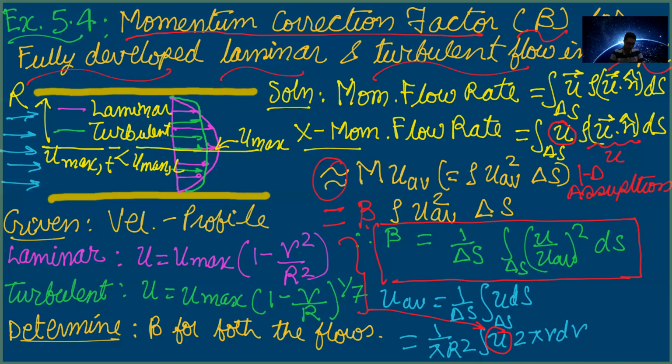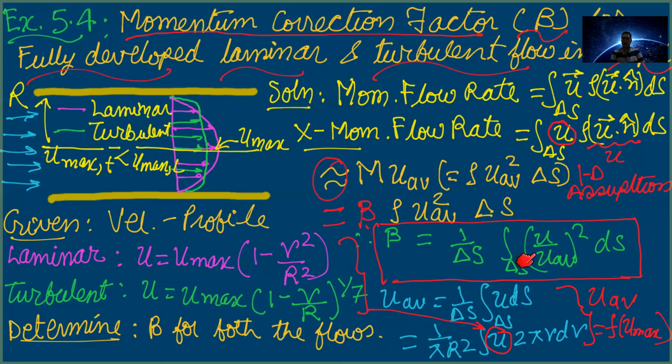If you substitute this u from here and integrate from 0 to r, finally you can obtain the expression for u average as a function of u max by doing the integral.